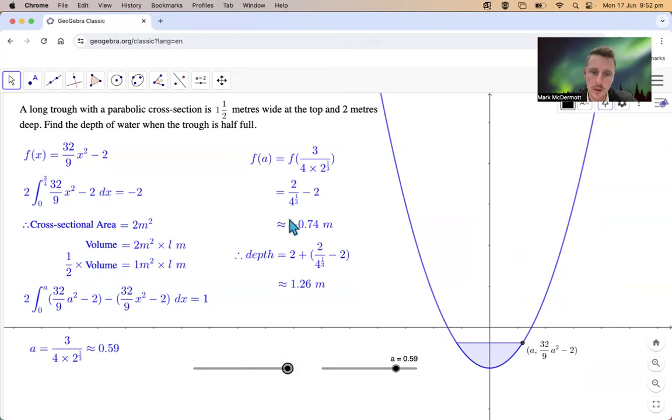You make this whole thing negative, and then you do 2 plus that, because you're adding on something negative. So the exact values can make it a bit confusing, but essentially you're saying this total depth is 2 meters. This first part is negative 0.74. So this depth here, which is what the question is asking, what is the depth of the trough, is 1.26 meters. Okay, hopefully that clarified that question.